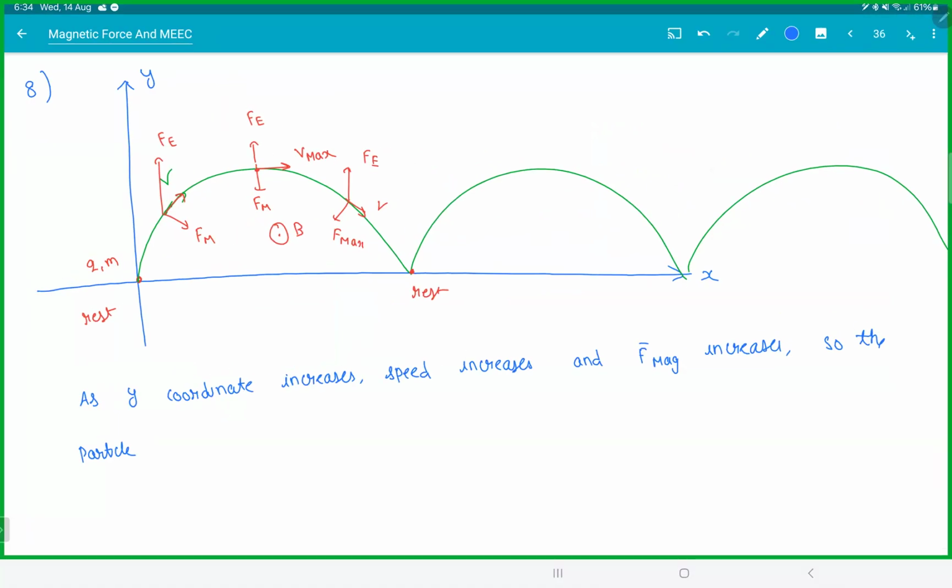If FB is less than FE, matlab, it still didn't reach the maximum point. That means it will still keep going up, isn't it? Then the speed will keep on increasing. So eventually you'll reach a situation where it has to turn. You don't have an option. The only difference will be maybe this will be a pretty big cycloid. It's not a circle. And the particle starts turning back and comes to rest on the x-axis again. It again exactly stops on the x-axis, again starts moving.